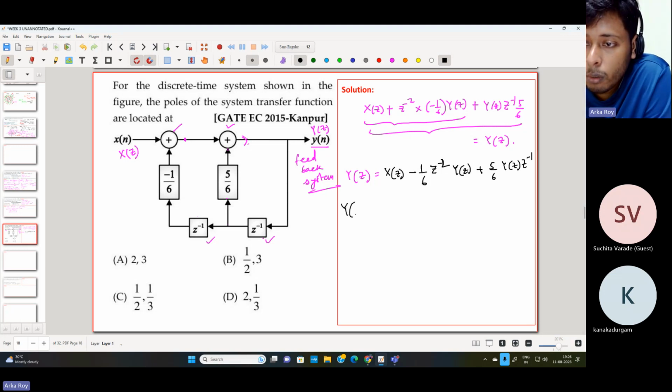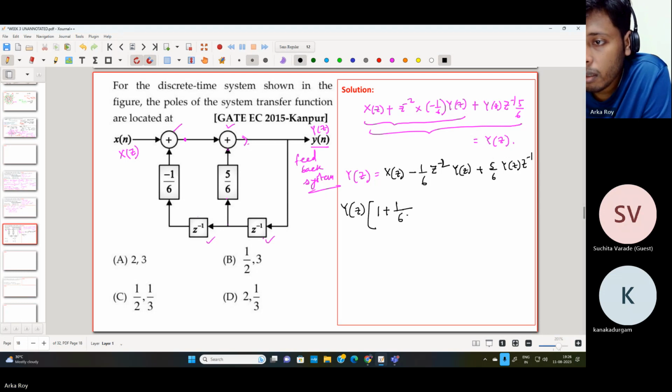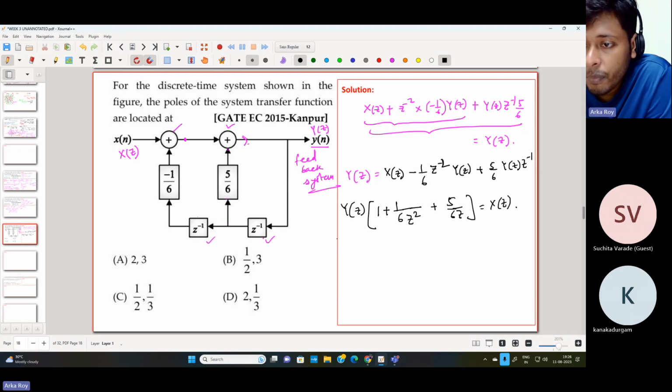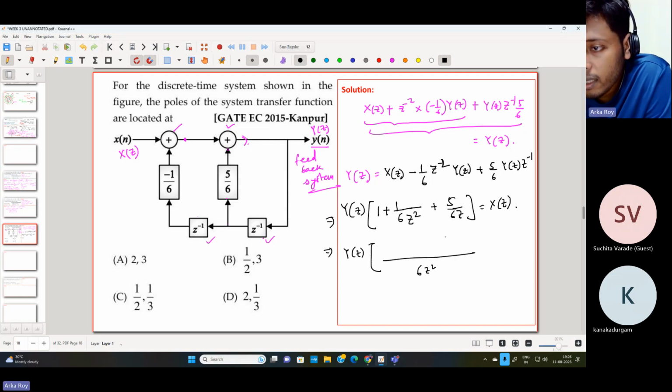So I can take all the things on the left hand side. It will be 1 plus 1/6 z to the power minus 2 minus 5/6 z to the power minus 1 times Y(z) equals X(z). Then I can take 6z squared as common, and it will be 6z squared plus 1 plus 5z.